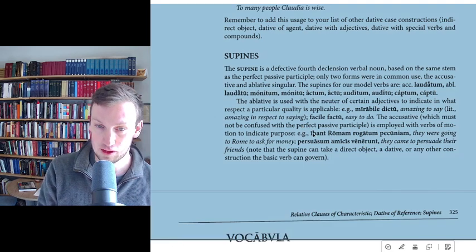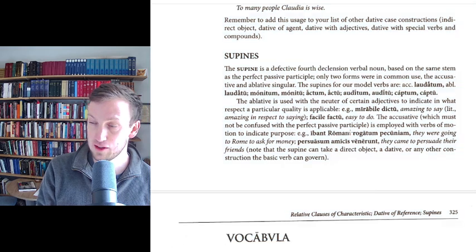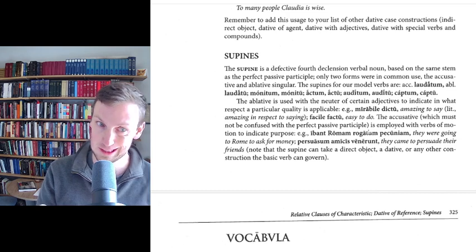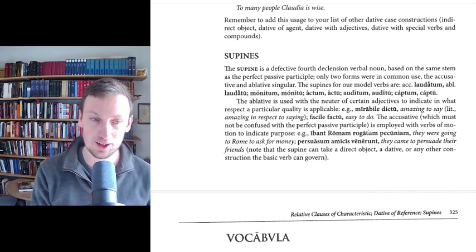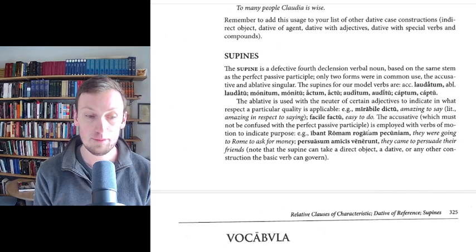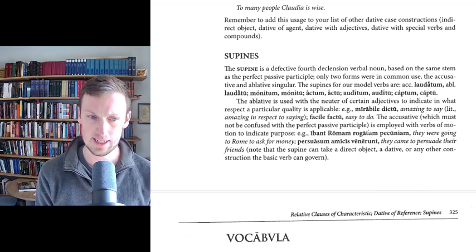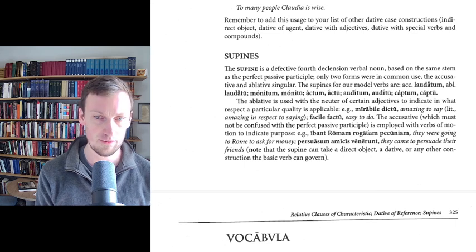The verb to go and to come. These verbs cannot take a direct object. So you should not be tempted to treat pecuniam and the thing that looks like a participle but isn't actually a participle, the thing that looks like a participle next to it, you should not be tempted to treat those as direct objects. I mean, you'll still be tempted, but then you'll see the verb and say, oh, verbs of going can't take a direct object. It must be something else.